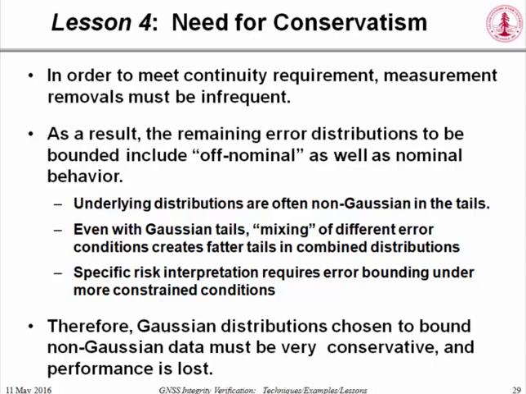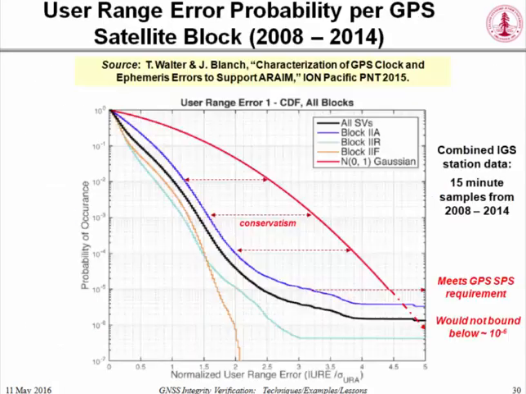The key is we use Gaussian distributions in the protection levels. The actual data is non-Gaussian for various reasons. The Gaussian distribution we use to represent non-Gaussian data has to be very conservative, and therefore performance is lost.